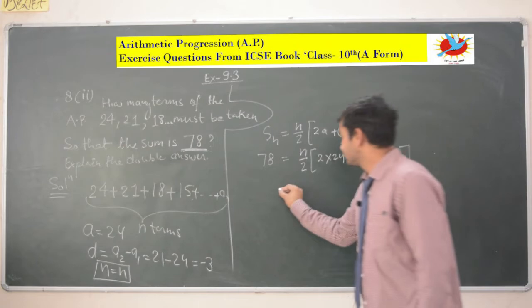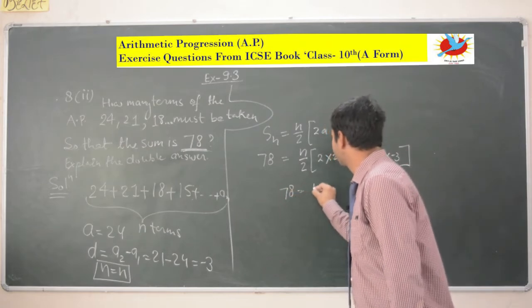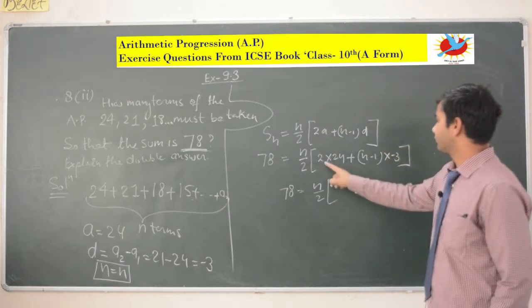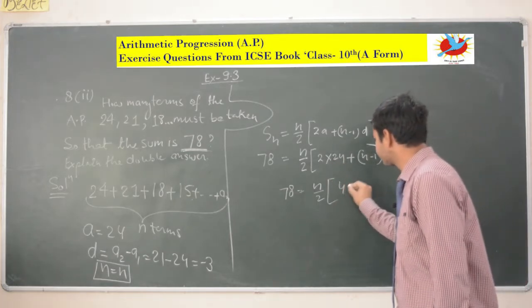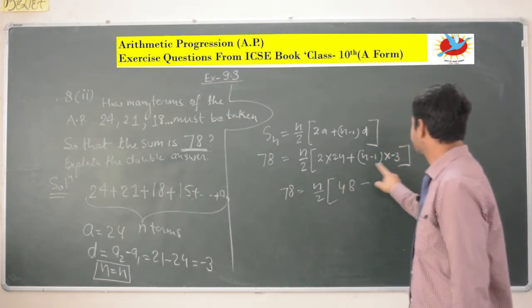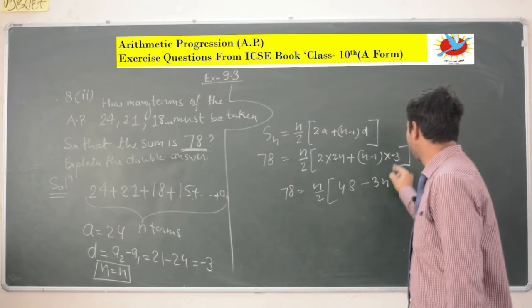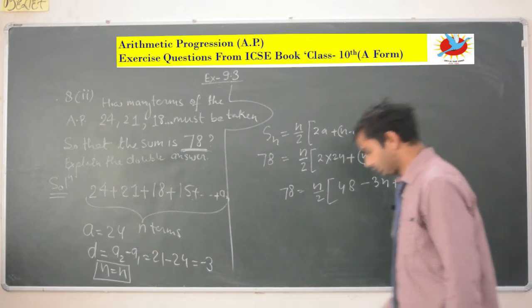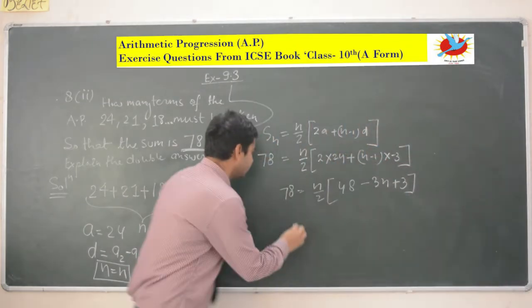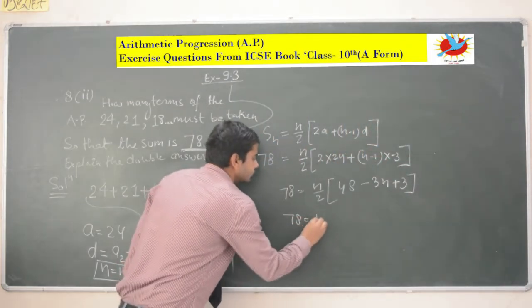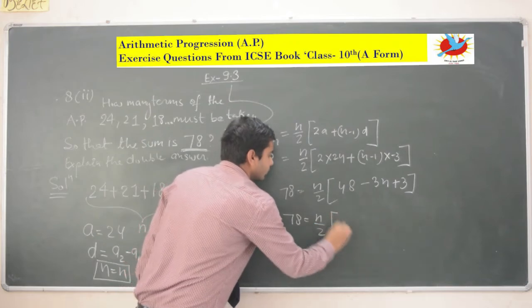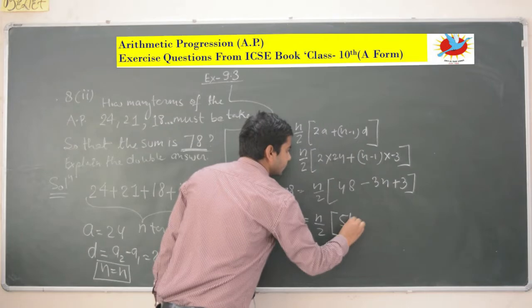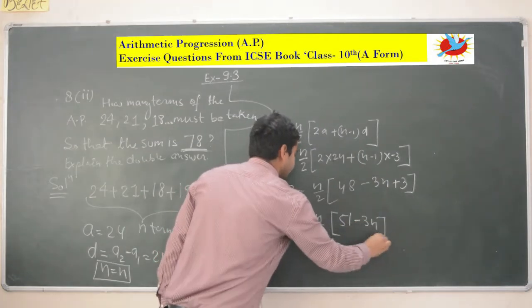So we will get 78 equal to n by 2 into 48 plus minus 3 into n minus 1, that is minus 3n plus 3. So 78 equal to n by 2 into 51 minus 3n.